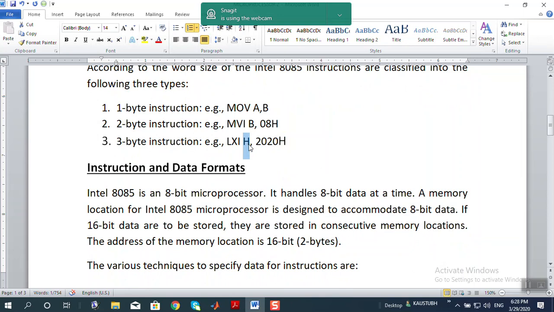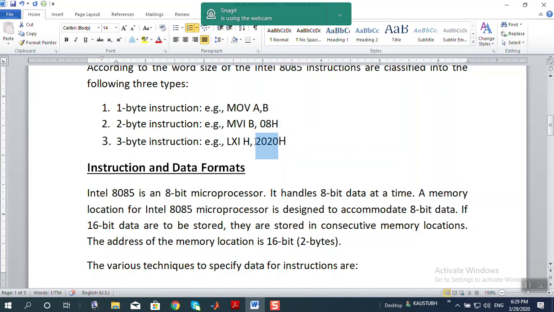As already discussed, in the 8085 microprocessor there are 6 general purpose registers B, C, D, E, H, L, and also I mentioned that there are 3 pairs possible, BC, DE, and HL. So when H is written along with LXI, it represents the HL register pair. And this 2020 is the memory address. Okay, a 16-bit memory address. Since it is in hex, 4 digits in hex means 16 bits in binary.